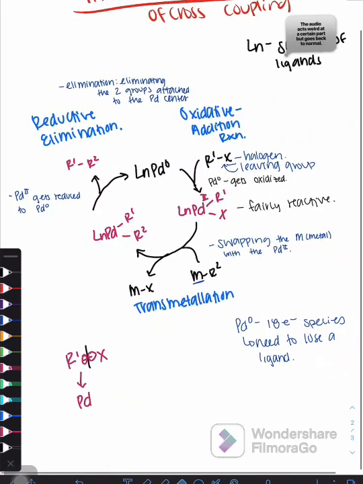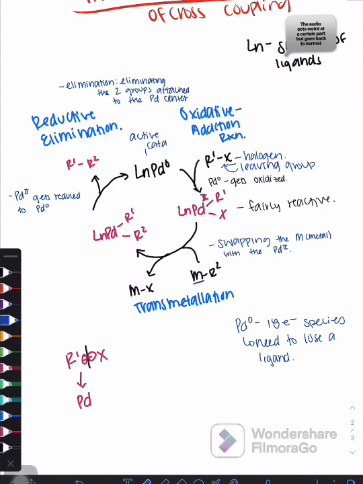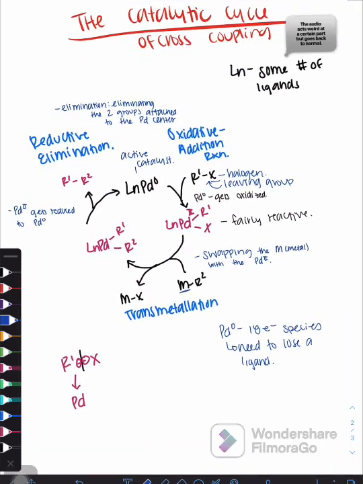So we have the reductive and the elimination part right there. And in the end, we get this active catalyst. And I just wanted to say that palladium is very common when you're cross coupling some of these reactions. So there's other types that you can use.